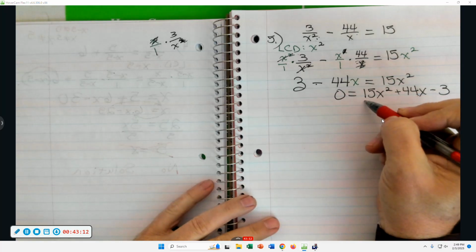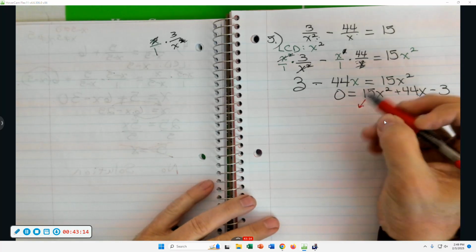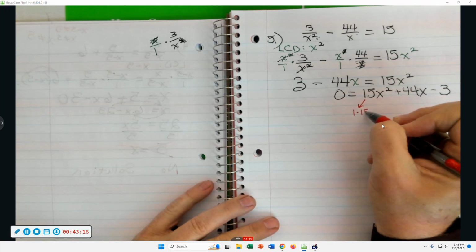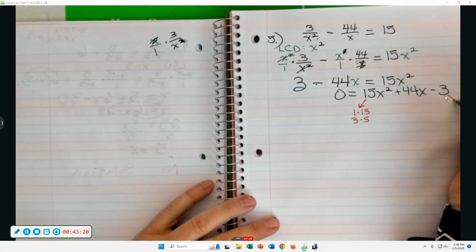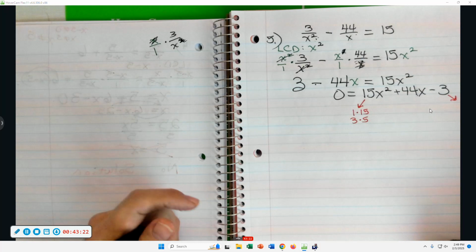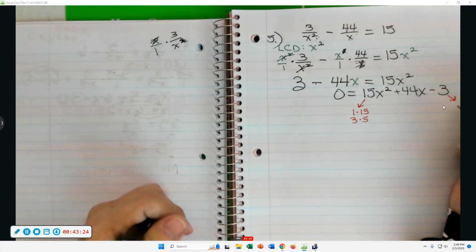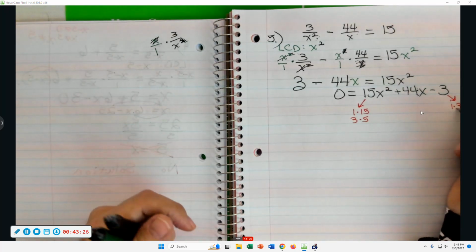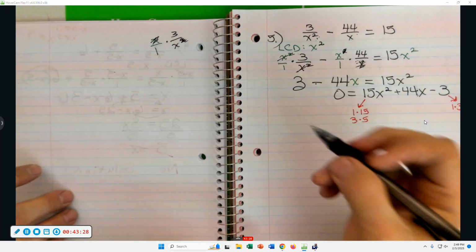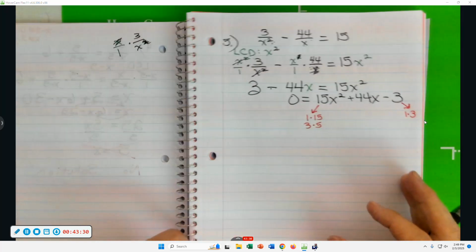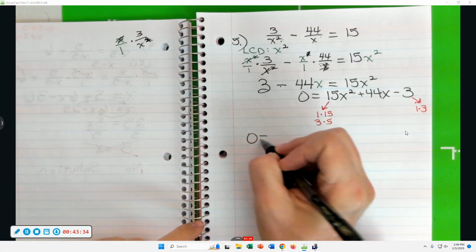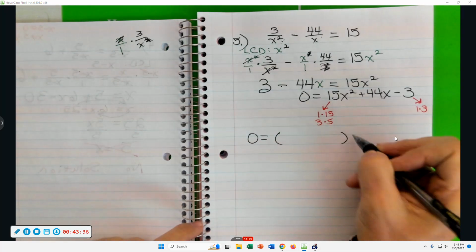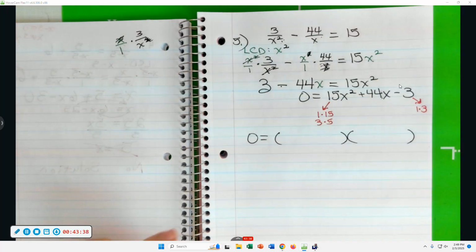For 15, there are 2 pairs of positive integers: 1 times 15 or 3 times 5. For 3, there's only one possible pair of factors. What is it? 1 times 3. So we have a 0 on the left. I'm writing my 2 sets of parentheses.